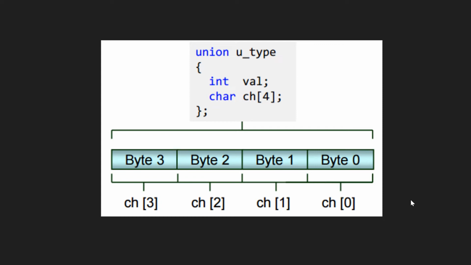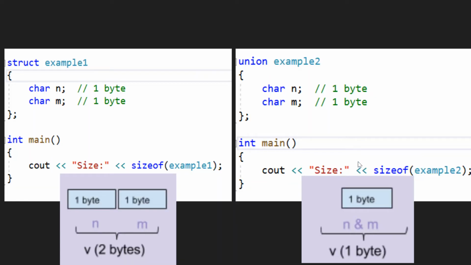To further illustrate this, if I go to the next slide, you'll be able to see clearly with my visual diagrams the comparison between declaring a structure and a union. If we look at the structure declaration here, since we have two declarations of a char variable, and chars are one byte in size each, the size of the structure will print out 2.